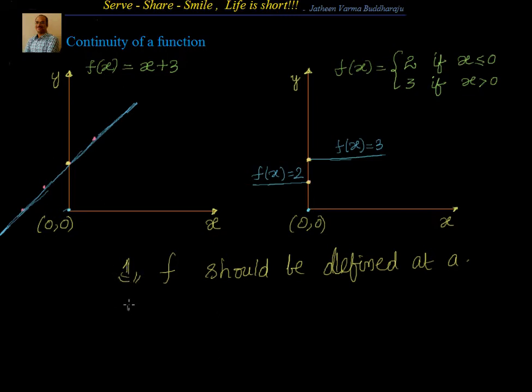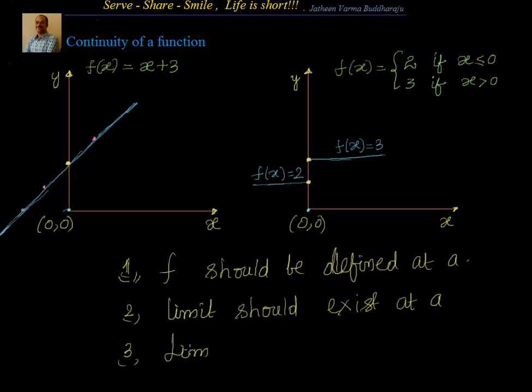The second point, the limit should exist at a. That means the left hand limit and the right hand limit should exist at a, and both of them should be equal to each other. Not only that, the limit should be equal to f of a.